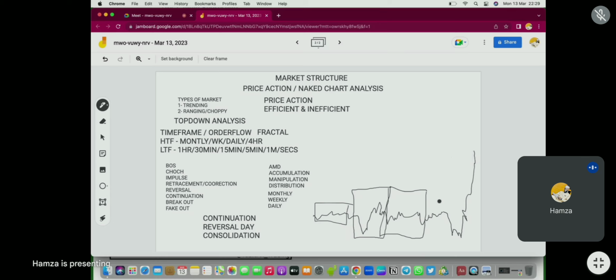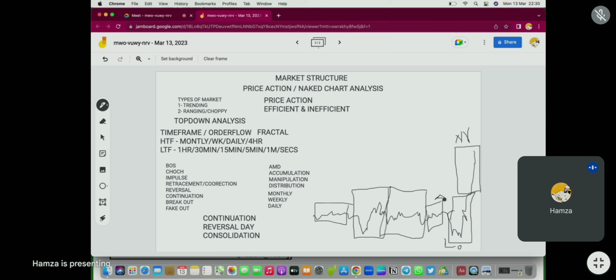So this is Asia, and you put A. This is London. And this is New York. So let me write New York, NY. This is London, let me write LO.